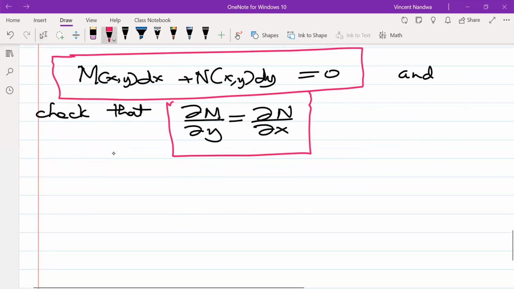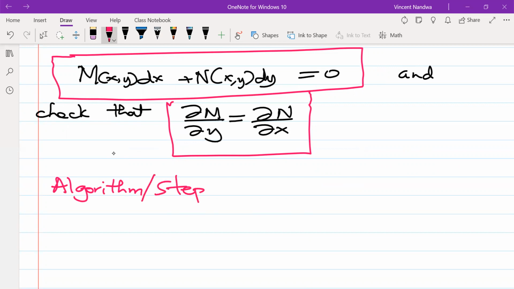So, algorithm, or steps, for solving an exact differential equation.